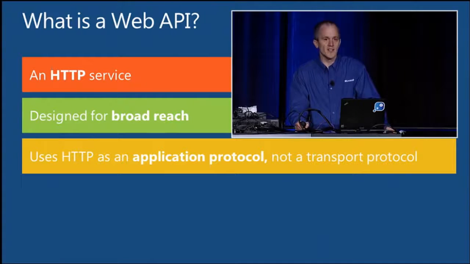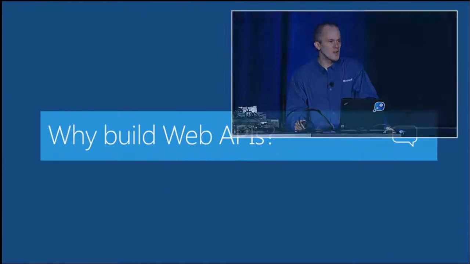With web APIs, your actions actually are get, post, put, delete. You're trying to leverage the HTTP protocol to its fullest, to leverage intermediaries, leverage caching, to use HTTP for your application semantics.